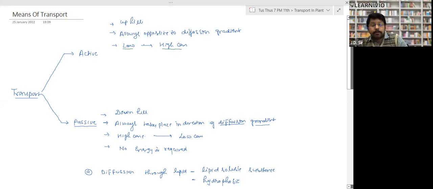That is uphill. So in active transport, energy is spent, in the form of ATP. At the expense of ATP, diffusion of substances takes place against the diffusion gradient, right?